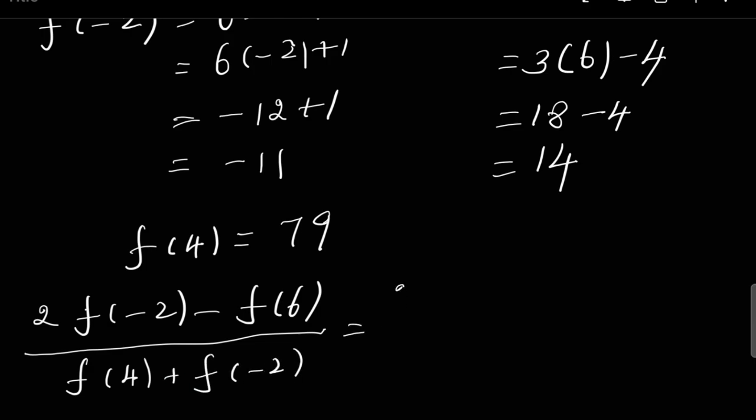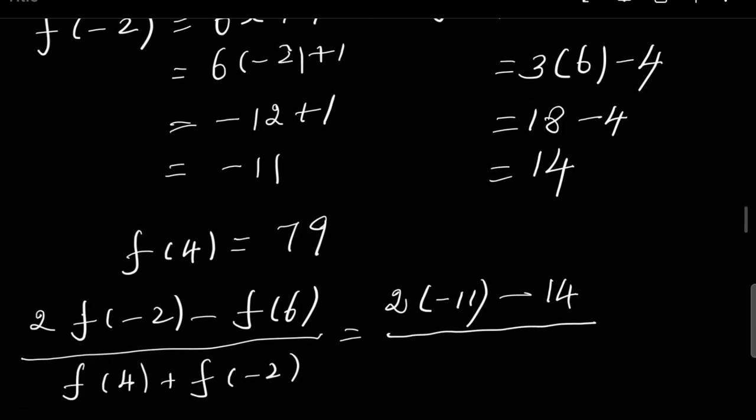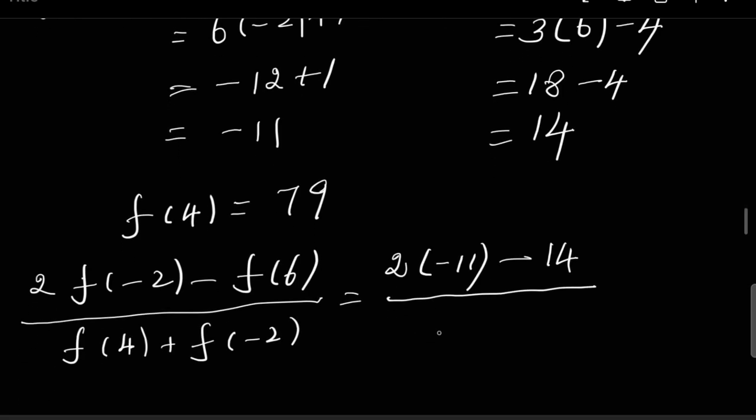That is 2 times minus 11, since f of minus 2 is minus 11, minus f of 6 which is 14, divided by f of 4 which is 79, then f of minus 2, just replace plus as minus 11.